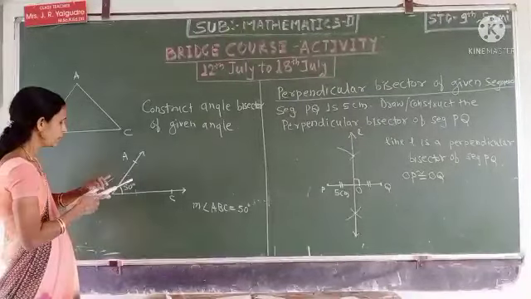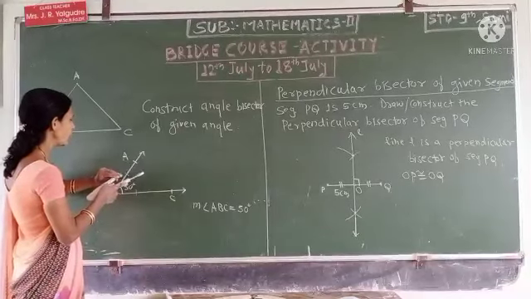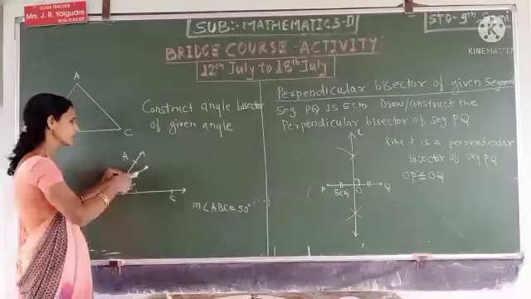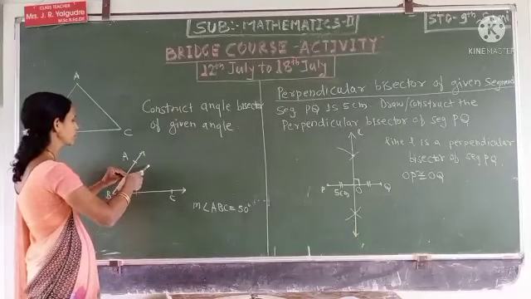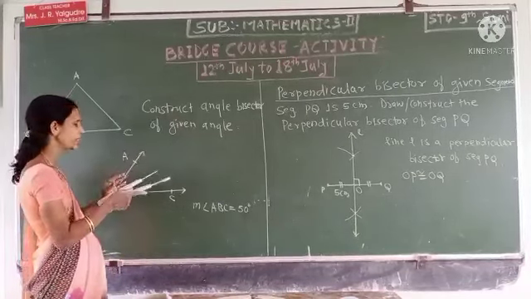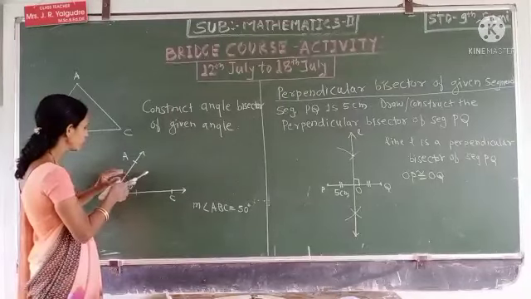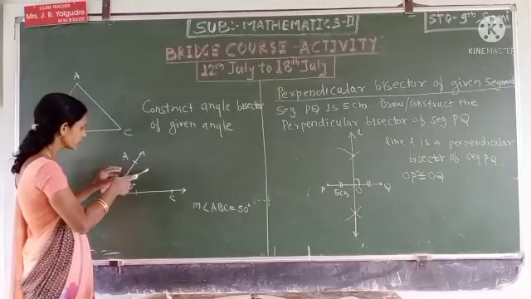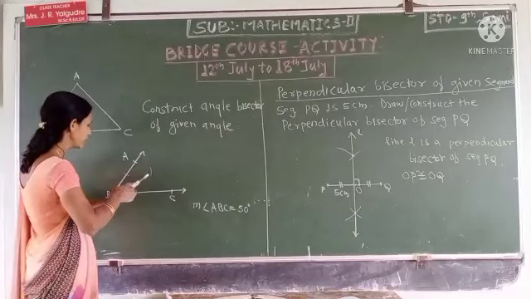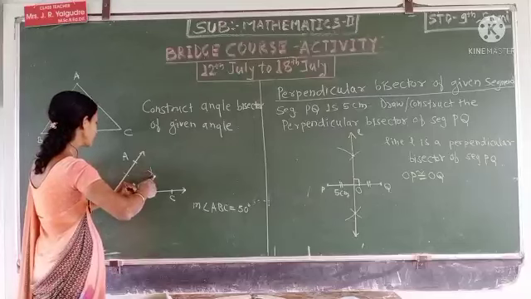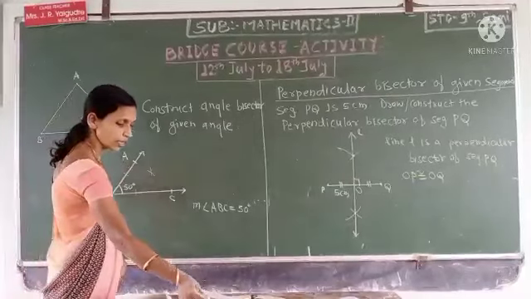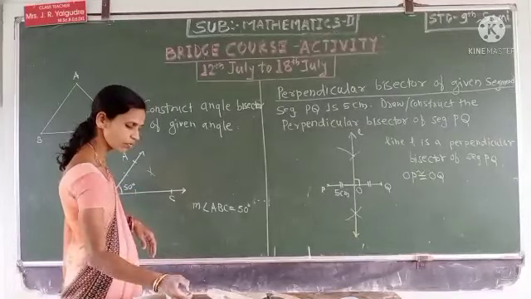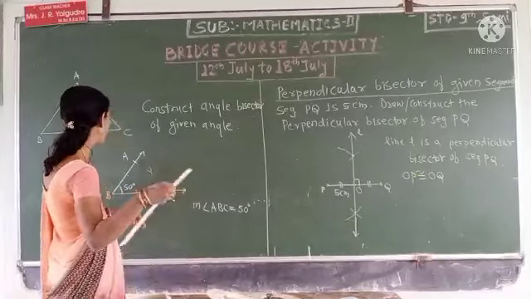Then one more construction we have to do here: taking some distance in the compass, once again put the needle on those marks to get the intersection of marks in the interior of that angle.